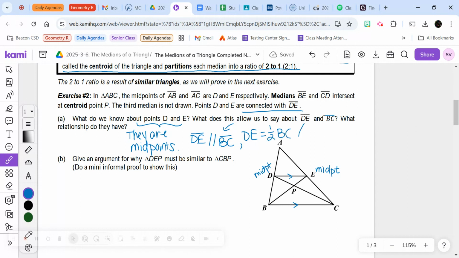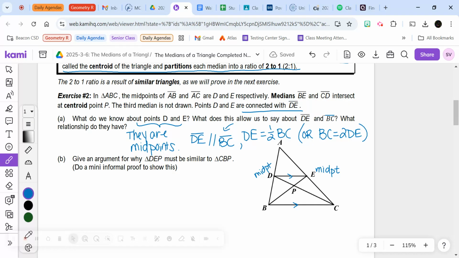Or if you want to think about it backwards, BC is equal to 2 times the length of DE. So if you know what DE is, you can just double that and get the length of BC. If you know what BC is, you can divide it by 2 to get the length of DE. So what relationship do they have? We already stated that. All the information that we need to say here has been said.